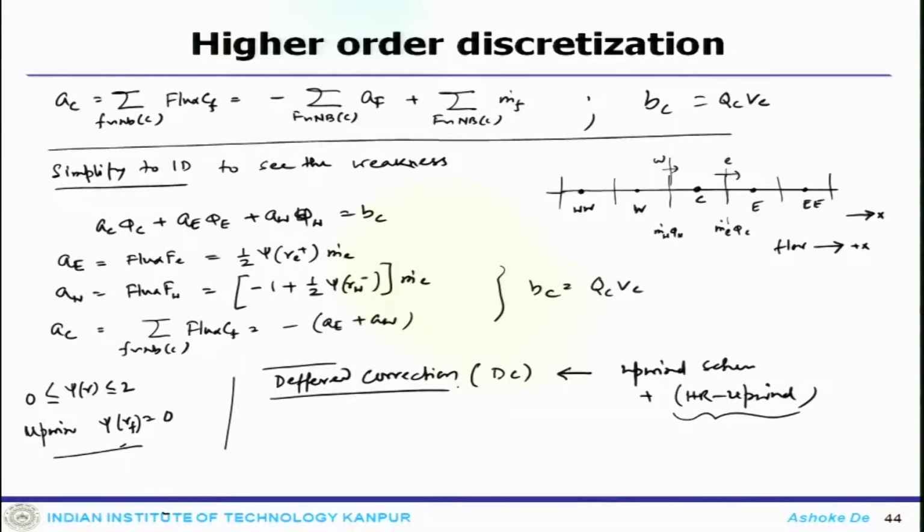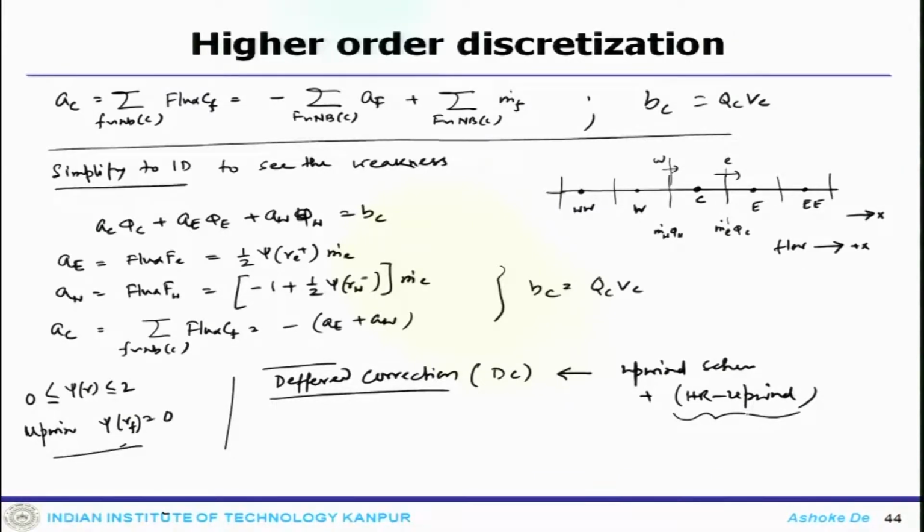This deferred correction procedure is quite simple to implement, because it can use face values calculated with the upwind scheme and those calculated with the HR scheme.